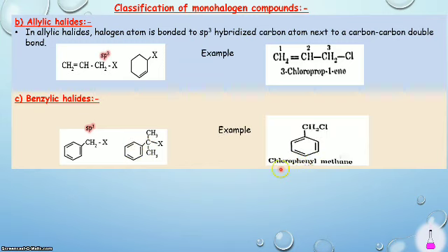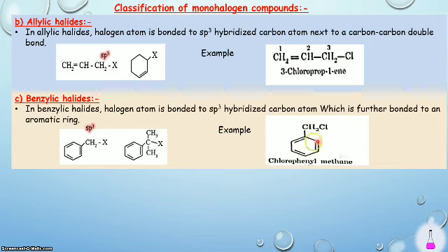Example is chlorophenyl methane in which chlorine is bonded to this sp3 hybridized carbon atom, which is further bonded to benzene ring. So in benzylic halides, halogen atom is bonded to sp3 hybridized carbon atom, which is further bonded to an aromatic ring.